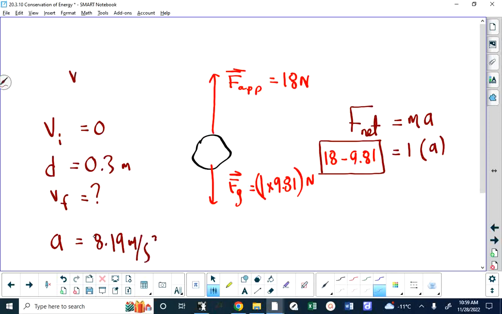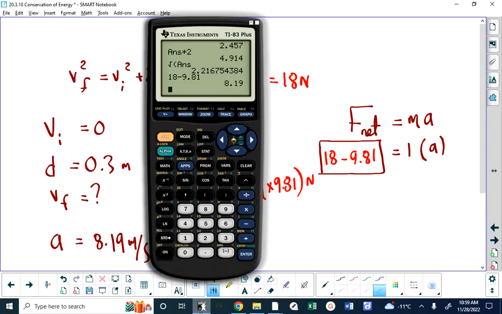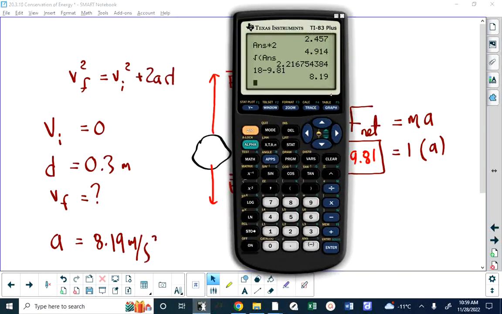And I can use Vf squared equals Vi squared plus 2ad. And I don't know, you might disagree with me on which one is better or quicker or easier, but I'm just showing you both methods. So I'm going to take, well, Vi is 0, so 2 times a times d. You get the exact same answer.